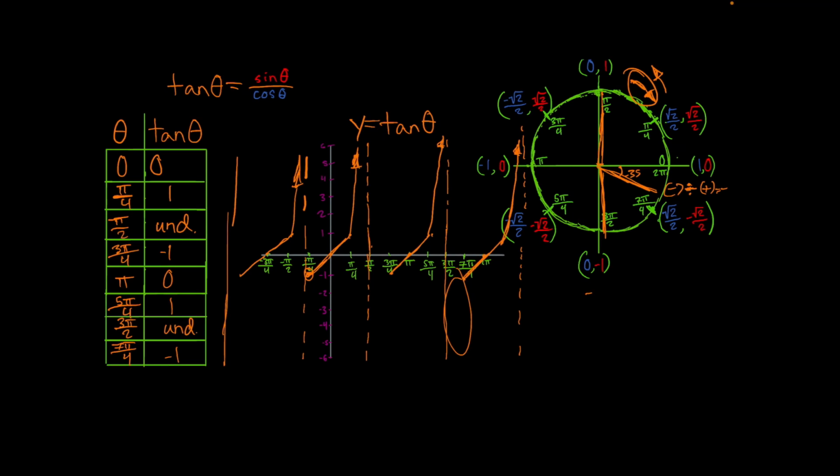Because you're going to have something like negative 1 divided by 0.001, and then something like negative 1 divided by 0.00001, which is going to give you bigger and bigger numbers. So in this area, we're getting closer and closer to negative infinity.